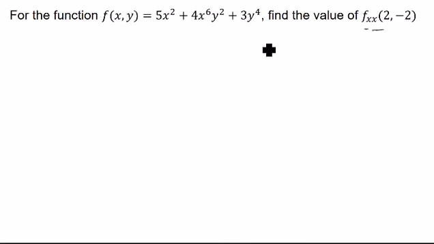If you had a single variable function, this would be simply the second derivative of this function. Since this function is a function of two variables, x and y, we are going to differentiate this with respect to x two times by keeping the y variable fixed, which means the y variable will be considered as a constant.